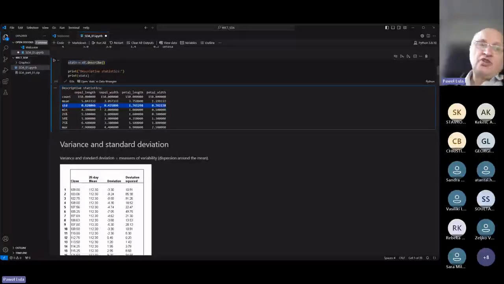When standard deviation is equal to 0, it means that all values in a given column are the same. And in this case, this variable does not carry any information about our objects.